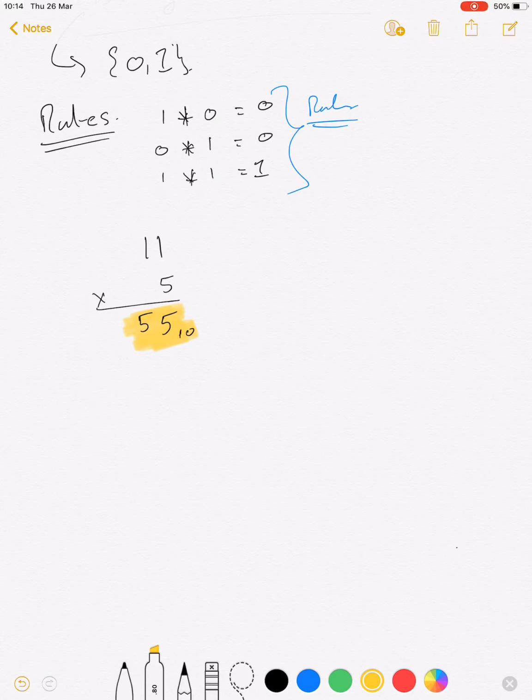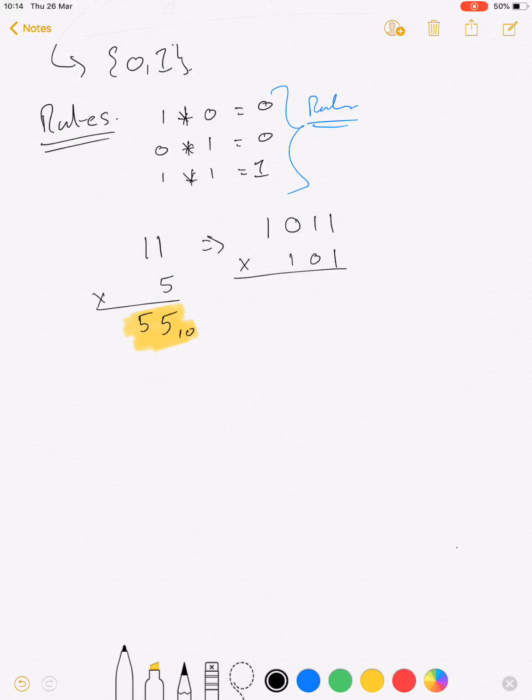The number 11 in binary is 1, 0, 1, 1. And the number 5 is 1, 0, 1. So we have 1, 0, 1, 1 multiplied by 1, 0, 1.